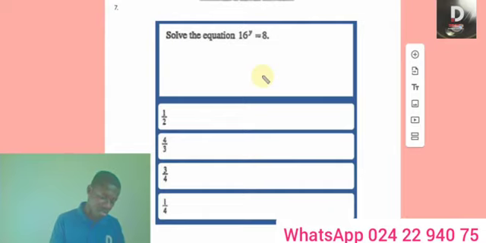Let me type it again because of the calculator I'm using. 16 power x, equals sign, 8, shift solve, 0.75. Equal to SD 3/4. This is the answer.